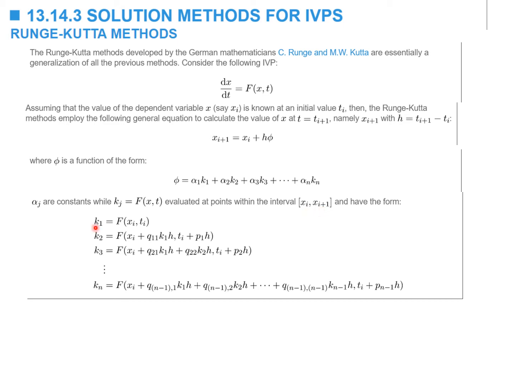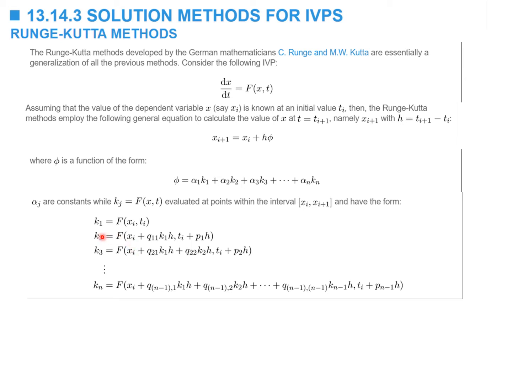k1 is given as the value of the rate, which is f, evaluated at the initial point. The other k's are the values of the function, which is the rate, evaluated at internal points, and these internal points are evaluated according to different equations.